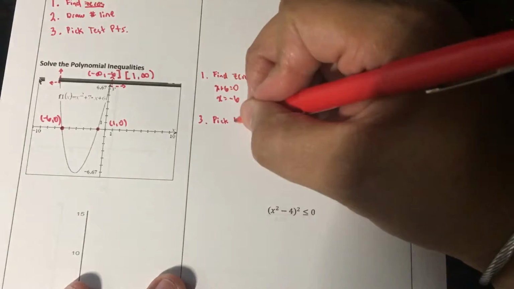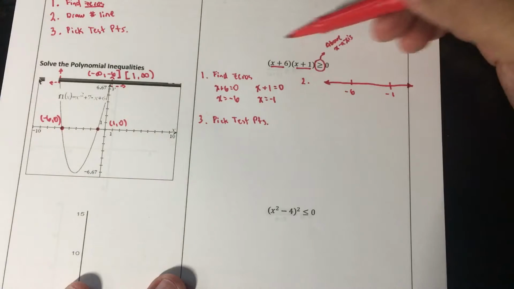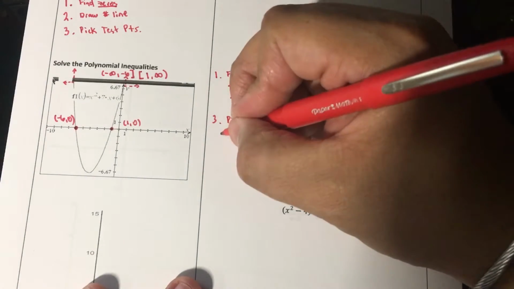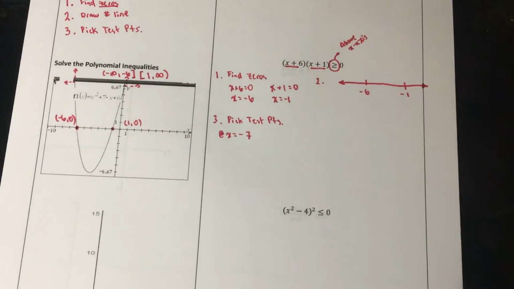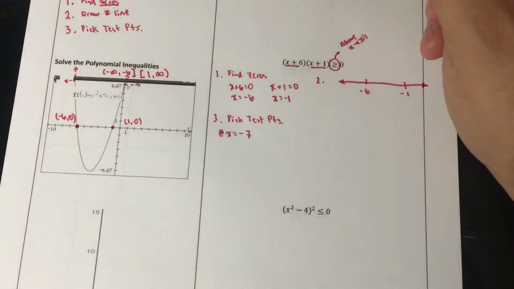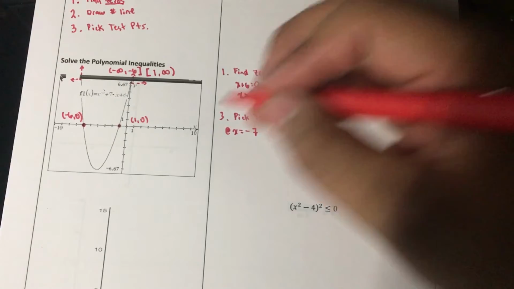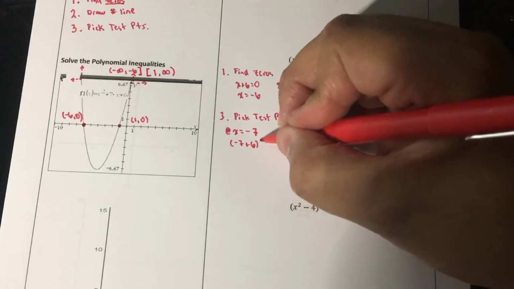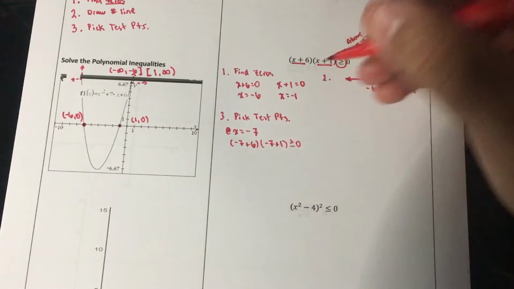And really what I'm trying to see is, where is this statement true? So I'm going to choose something over here, something smaller than negative 6. Negative 7 is smaller than negative 6, so I'm going to use that value. All I'm going to do is plug in negative 7 every time I see x here. So negative 7 plus 6, negative 7 plus 1, greater than or equal to 0.